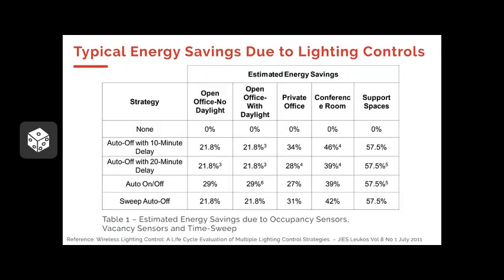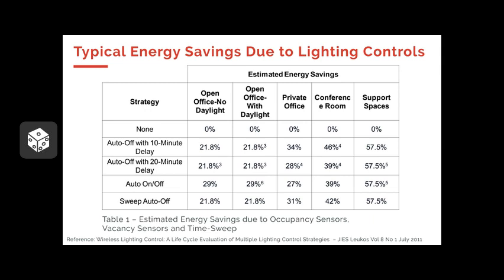Yet another study that kind of looked at, what if I had an occupancy sensor that was automatic off, but it had a huge delay, a 20-minute delay? Am I really saving a lot of energy? And especially in the private office or with the conference room, you're not saving nearly as much as if you lower that delay.